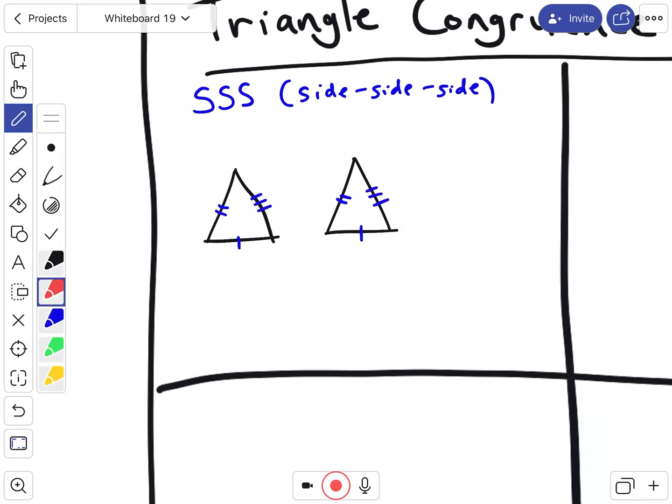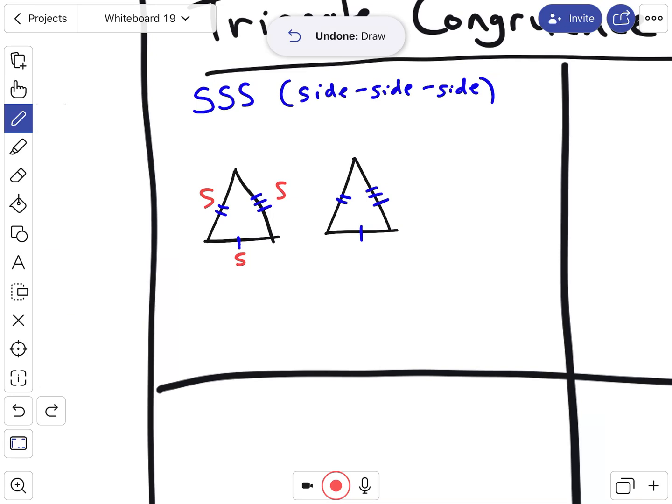So that's how you end up getting this side, side, side. And those correspond, of course, to these 3 sides. But yeah, you can use the side, side, side theorem if you know these 3 sides correspond and they're congruent.